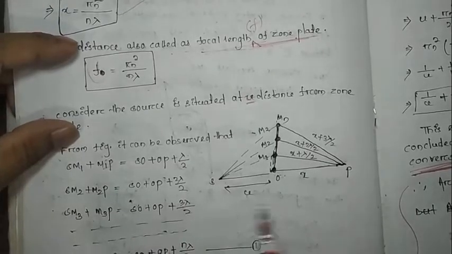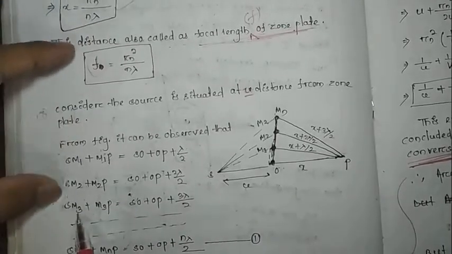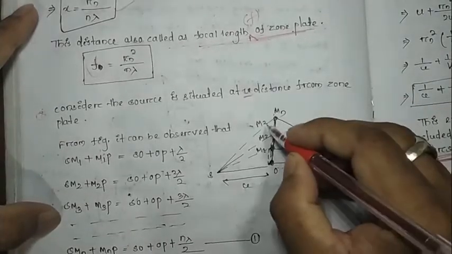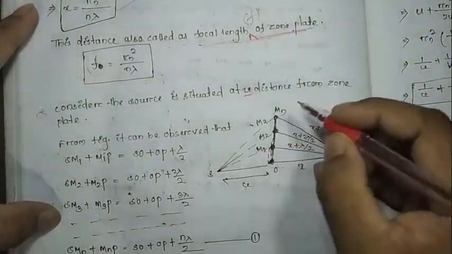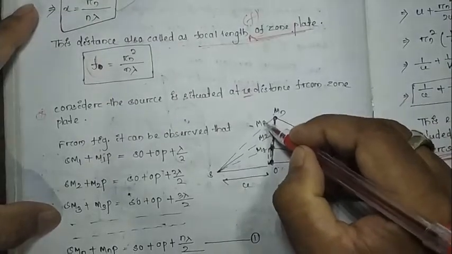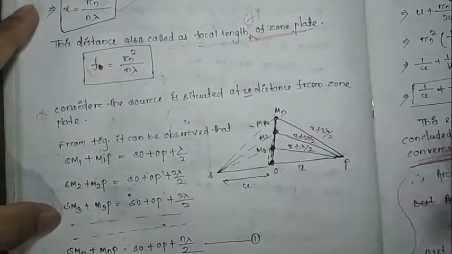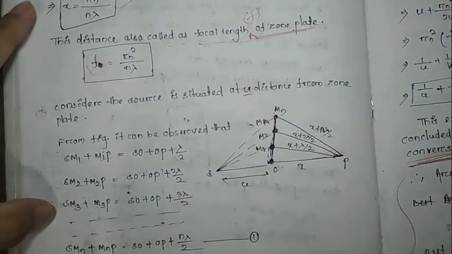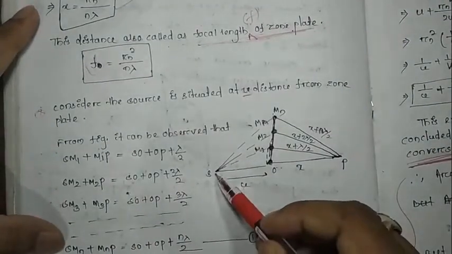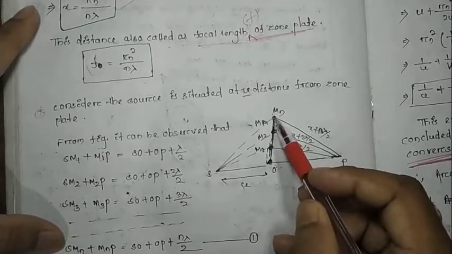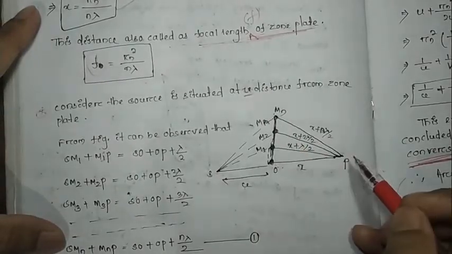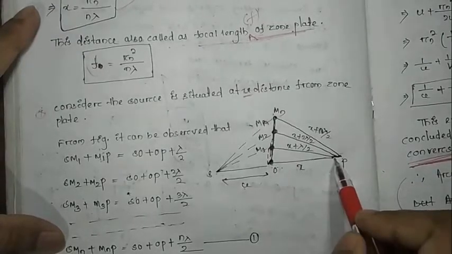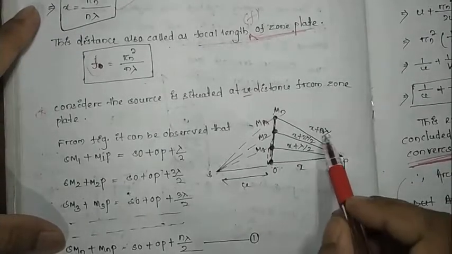Then like that, SM3 plus M3P, this is M3, and like that this is Mn, and we can write this is n lambda by 2. If we consider SMn plus MnP is equal to SO plus OP plus n lambda by 2, like this.